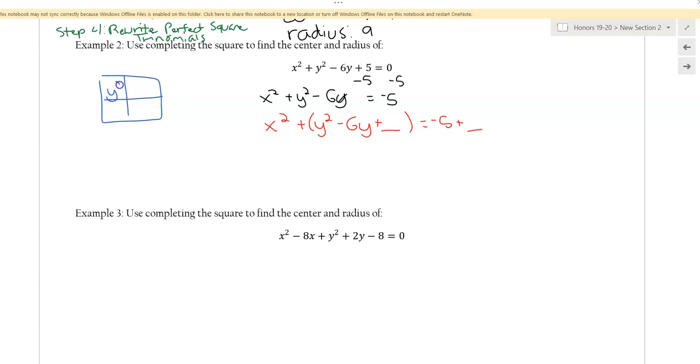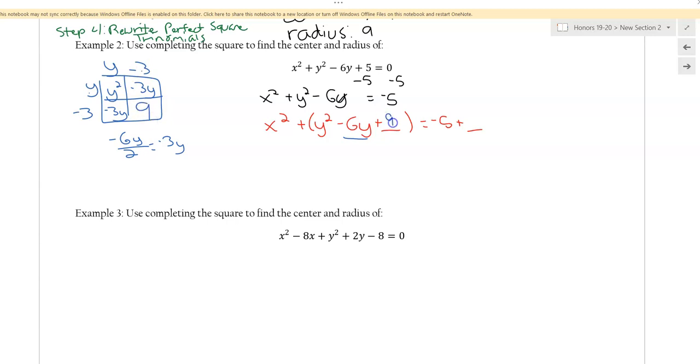So again, y squared. Then I take my negative 6 here. Negative 6y divided by 2 is negative 3y. y times negative 3, y times negative 3. And negative 3 times negative 3 is positive 9.